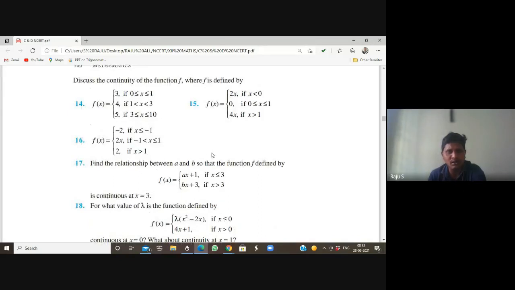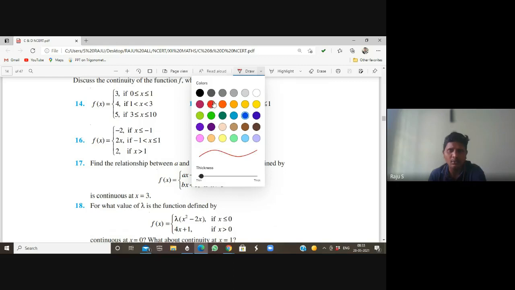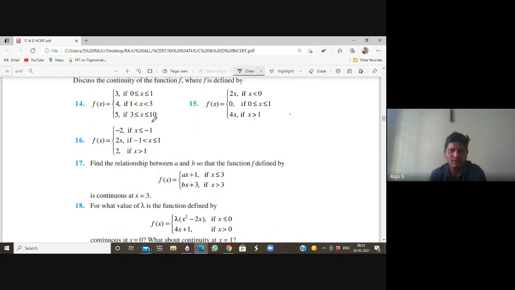Do you have any doubts regarding questions 14, 15, 16? How many cases are we going to get here? First, k lesser than -1. We have to check the limit as x tends to k. Lesser than is there. Then f of x, you can check whether it is equal to f of k or not. First formula. Next, k is equal to -1.